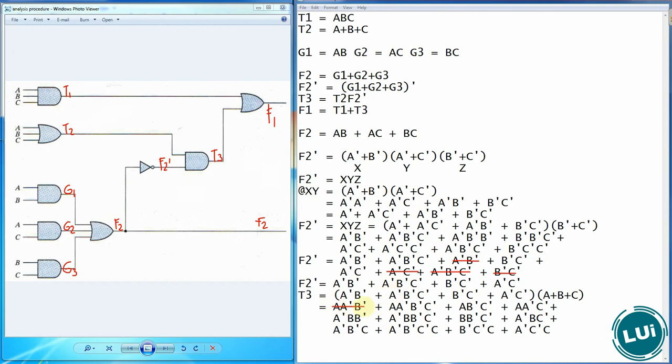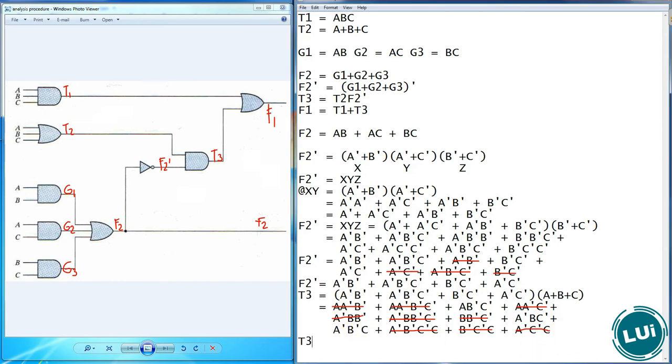So this one is equal to 0. A prime is 0, A prime is also 0, B prime is 0. That one is retained. This one has C and C prime, so it is 0. What's left is A B prime C prime, A prime B C prime, and A prime B prime C.